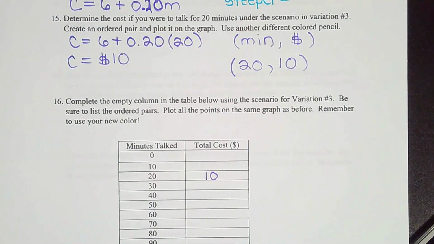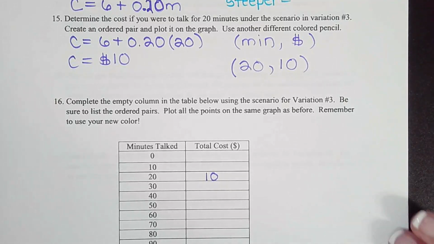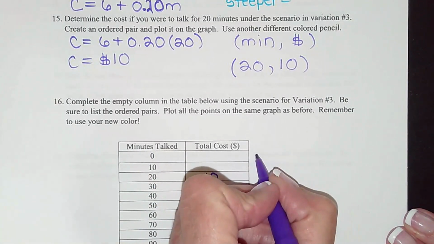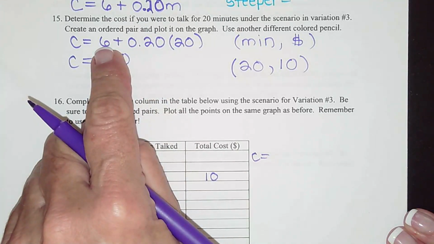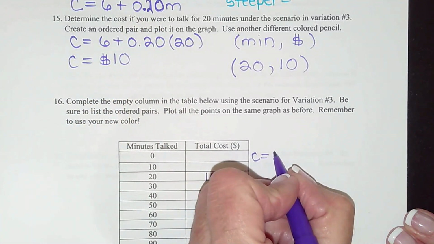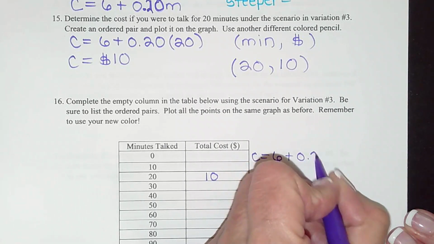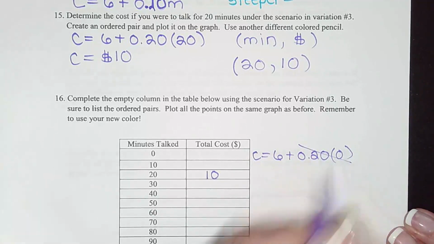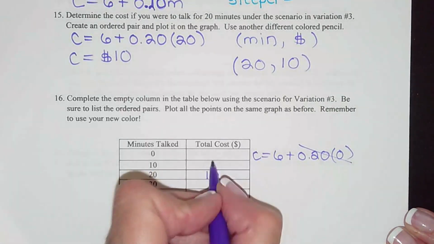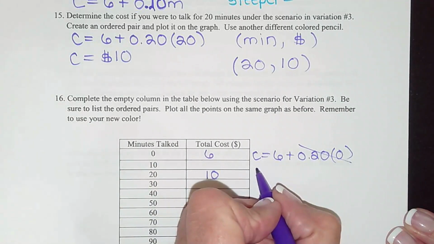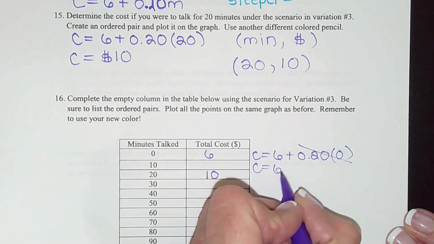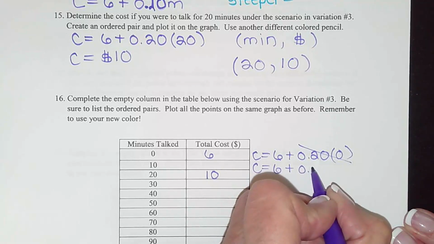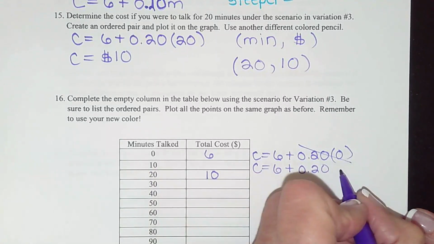And let's do the two right before it, and then we'll discover the pattern. So cost is 6 plus 20 cents times 0 minutes. So this is 0. Anything times 0 is 0. So this is 6. Cost is 6 plus 20 cents times 10 minutes.